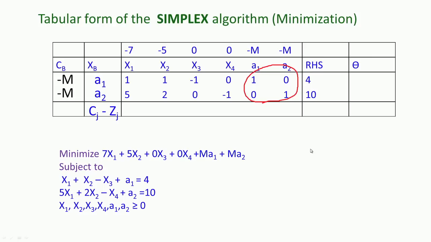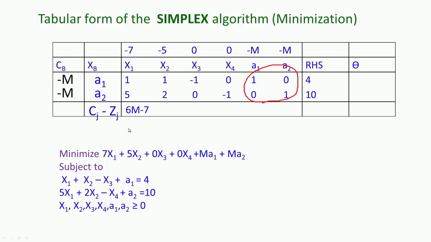Now I find Cj minus Zj. Now what is Z1? -m into 1 plus -m into 5, which is -6m. So C1 minus Z1 is -7 minus -6m, which is 6m minus 7. Now you will observe that I am not giving an explicit value to this m.